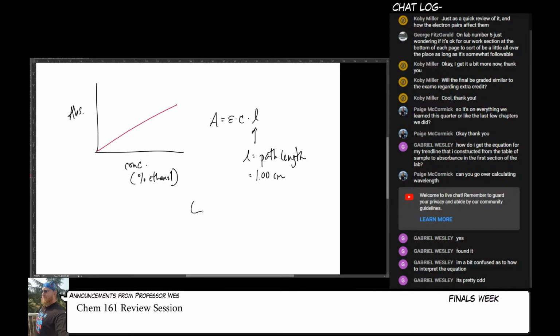So effectively, your equation just becomes A = (εL)C. If A is the y-axis and C is the x-axis, this must be the slope, right? Now, the units of the slope will be slightly different. They're whatever cancels out with C so that A has no units, because remember, absorbance is a dimensionless quantity. So the units here would be, if L is path length, inverse centimeters times inverse percent, which is a really stupid unit, but that's the units that we're using.